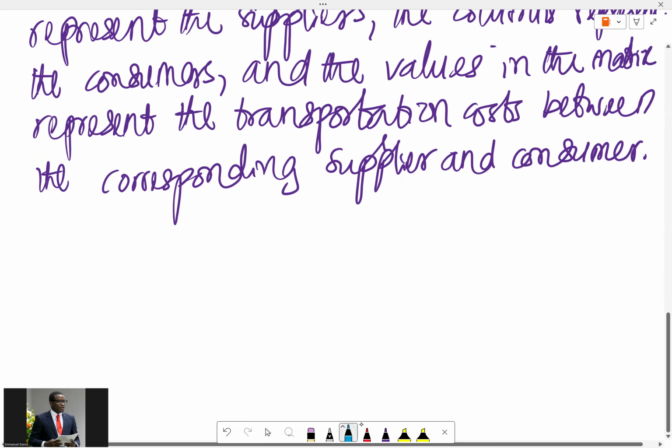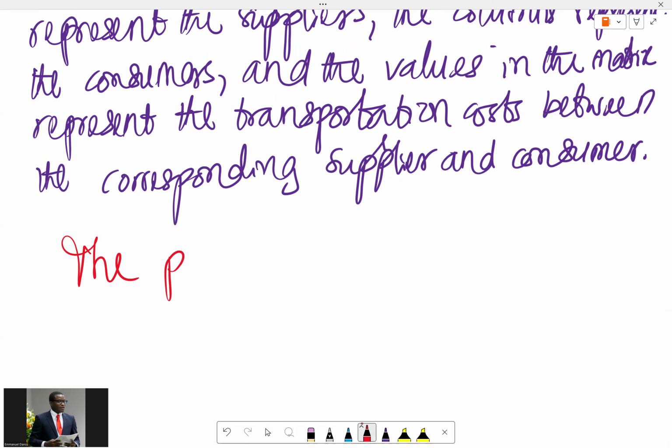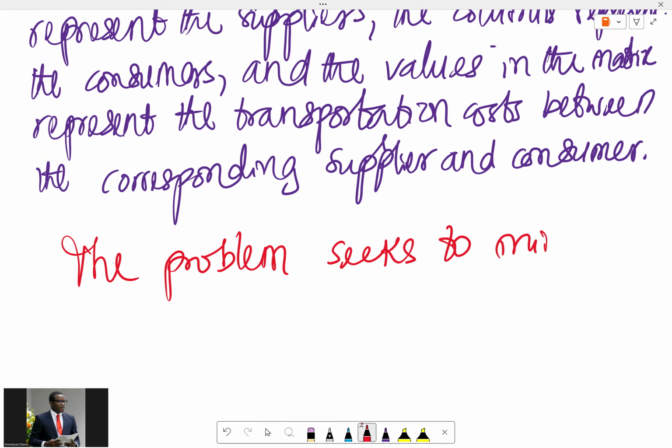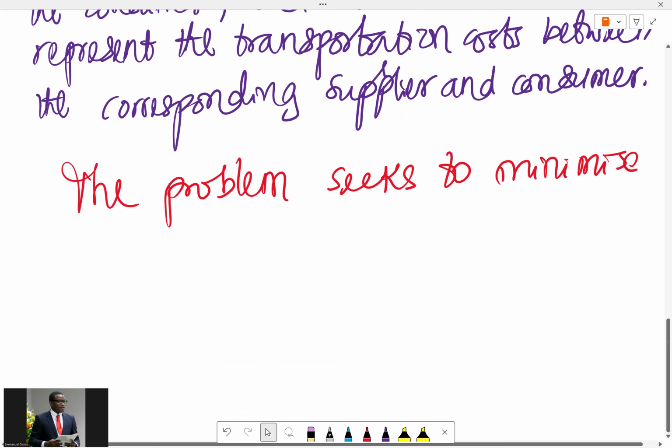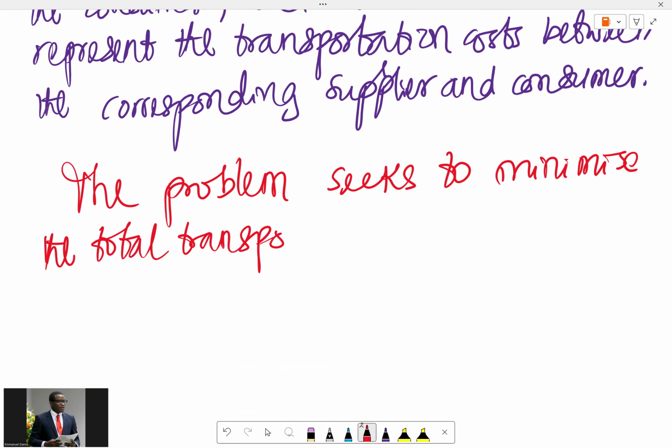It bears repeating that the problem seeks to minimize the total transportation cost.